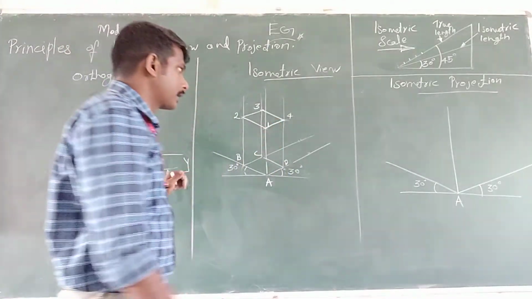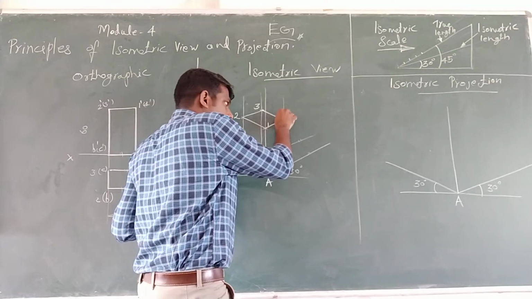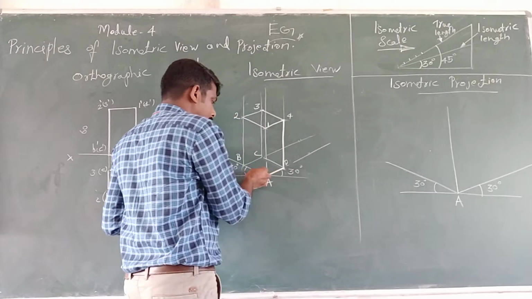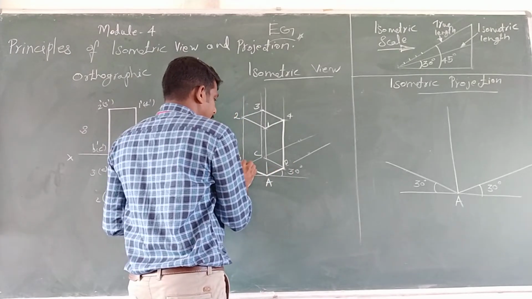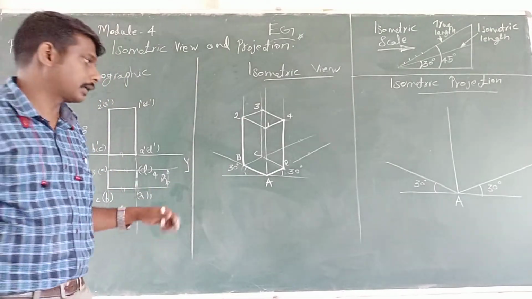All are thick lines. And the boundary lines should be thick lines. That is D to A, A to B, B to C. All are boundary lines, so it should be thick lines.